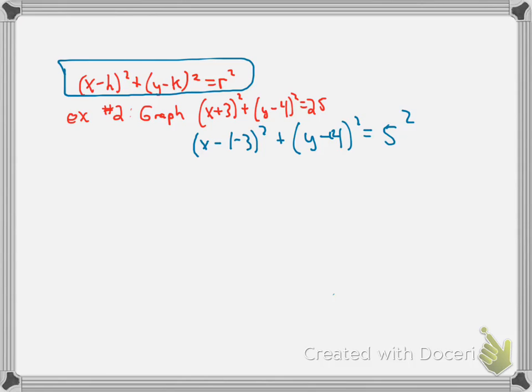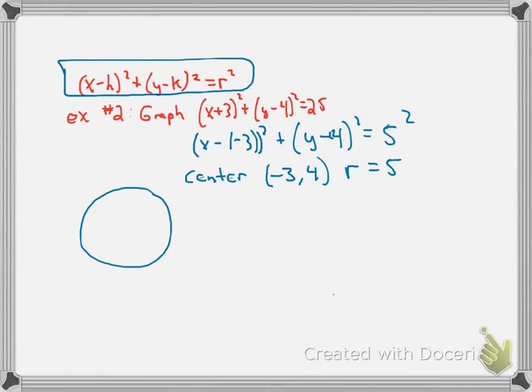So from this, I can see that the center must be at the point (-3, 4), and the circle has a radius of 5. So just a very rough graph here. Here's my circle.